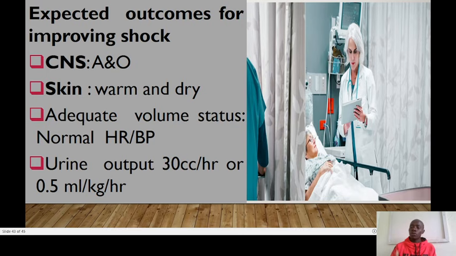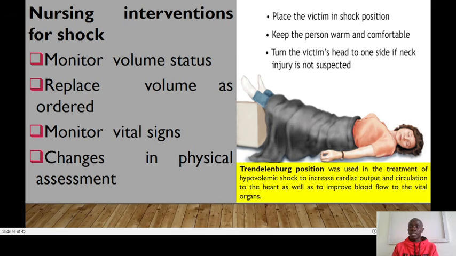Expected outcome for you to know if you are improving from shock, you look at the CNS, the skin, the adequate blood flow status in terms of the normal heart rate and the BP, and the urinary output, okay, which should be at least 30 cc per hour, or simply 0.5 mL per kg per hour, okay, for that case.